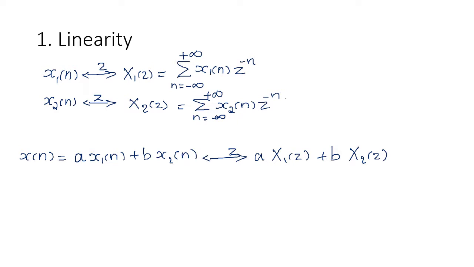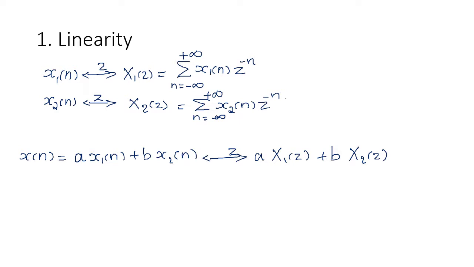There is an advantage of this property. If you can represent any complex signal as weighted combinations of some simple signals, then you can find out the z transform of such complex signal using the linearity property.